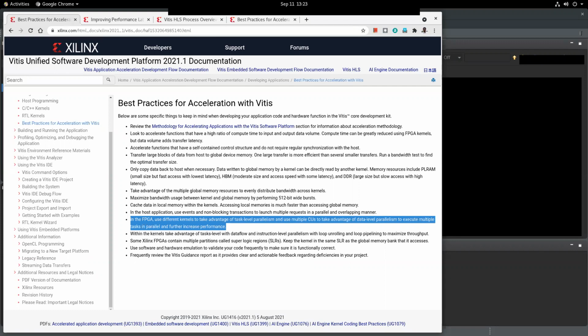Using multiple compute units. Right now, we instantiated only one compute unit for one kernel. But why can't we use multiple compute units? That is, from the same kernel, you instantiate multiple units. In fact, when you do that, it is equivalent to what we do in GPUs.